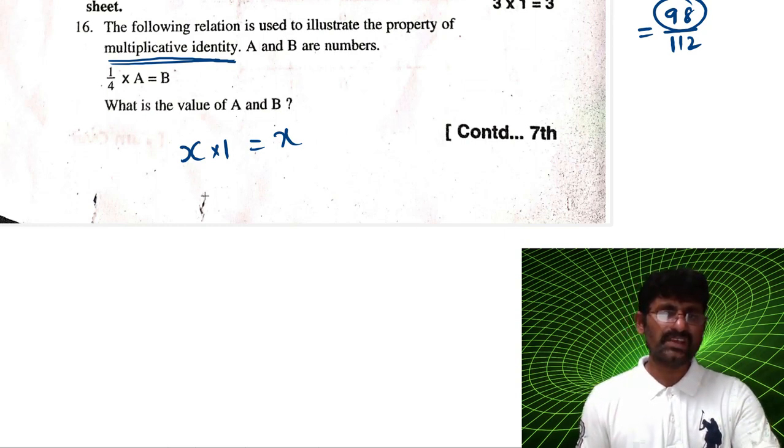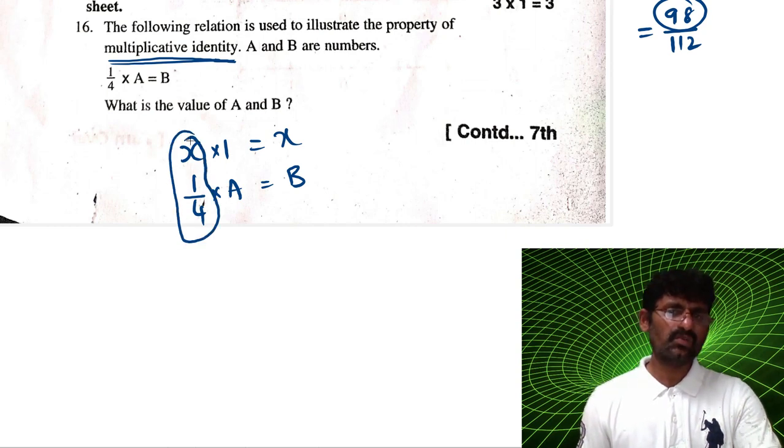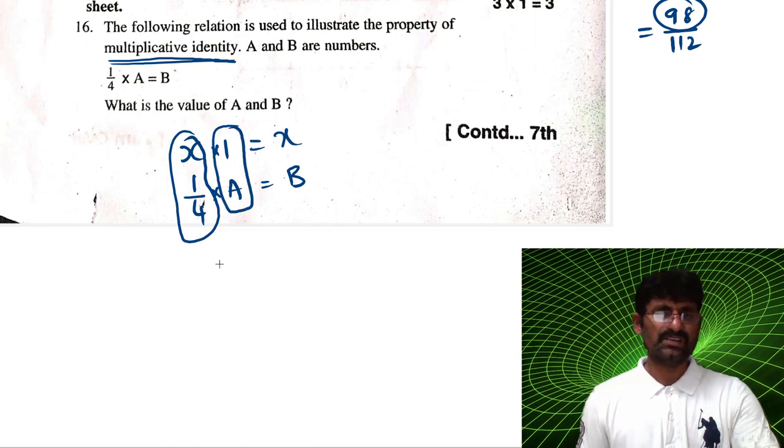So here we are given that 1 by 4 times A equal to B. Now if we compare these two, in the place of X we have, what is that? 1 by 4. Now in the place of A we have 1. So A equal to 1. Now you compare here these two. B equal to X actually. But what is X? That is 1 by 4.